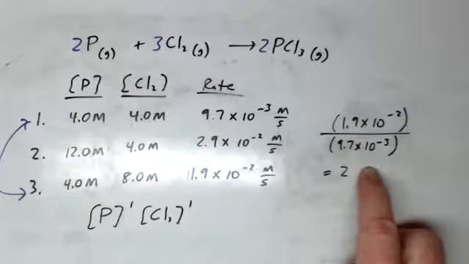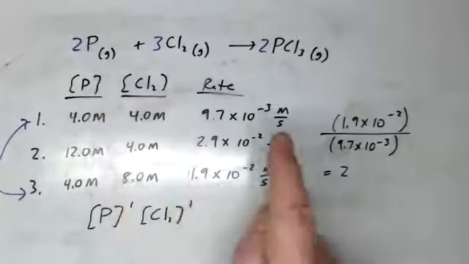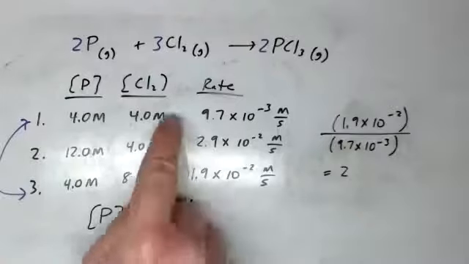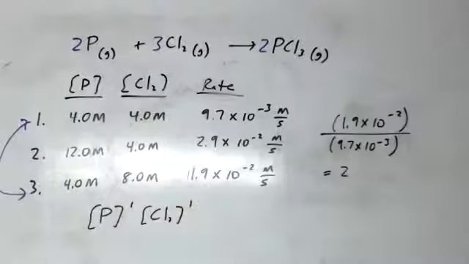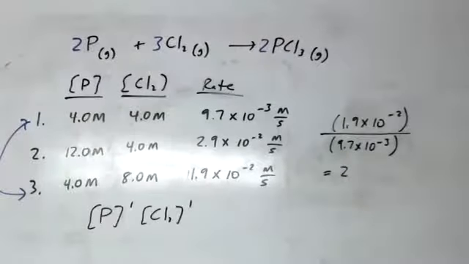And remember, your answer has to be 0th, 1st, or 2nd. That's about all we can have here. So simply see what effect changing your concentration had on that rate. So in this case, going between experiment 1 and experiment 3, we doubled the concentration of chlorine, and that also doubled the rate. So we would therefore say Cl2 is first order.